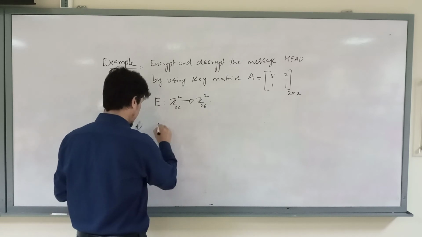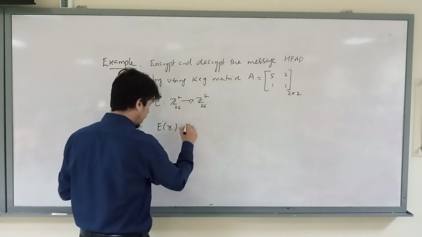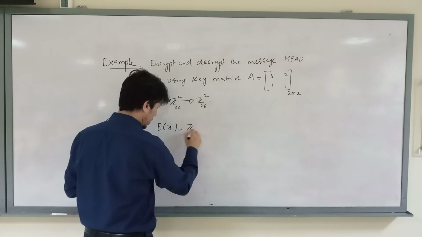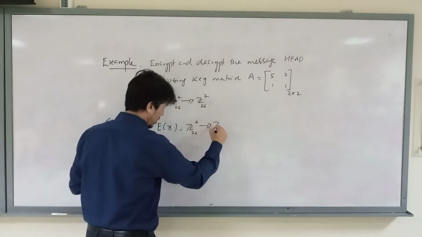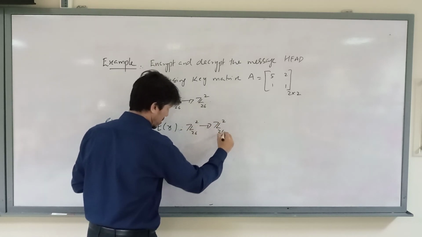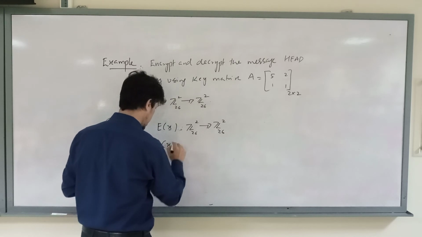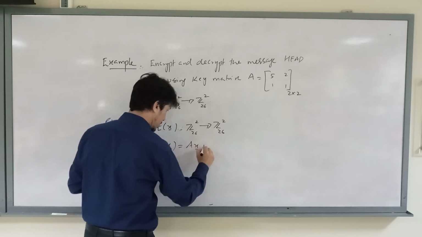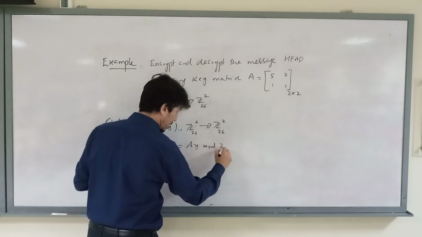The encryption function in Hill cipher is Z26 to Z26 and it is A into X mod 26.